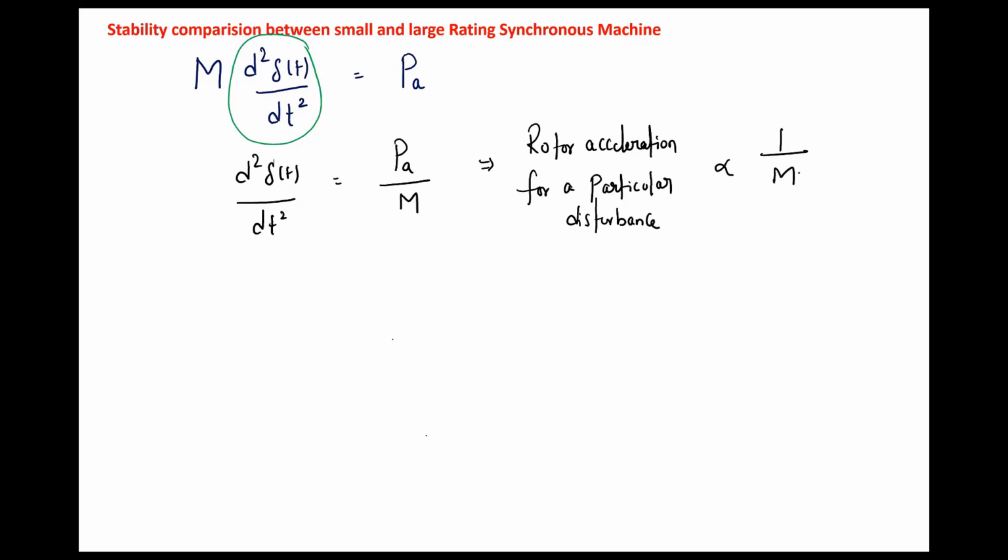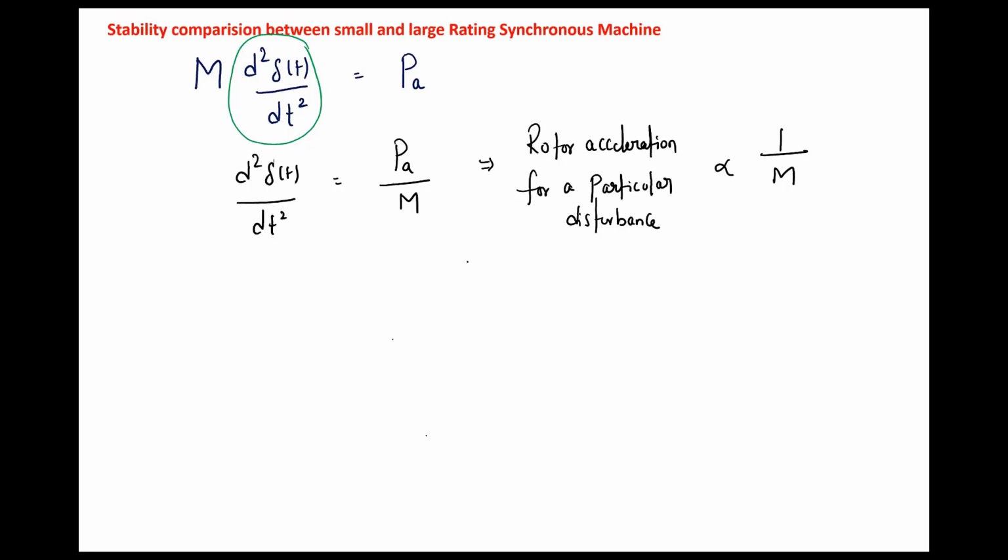Lesser is the rotor acceleration for a particular disturbance or a fault, greater is the chance of retaining stability.